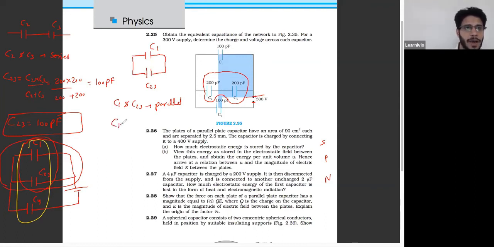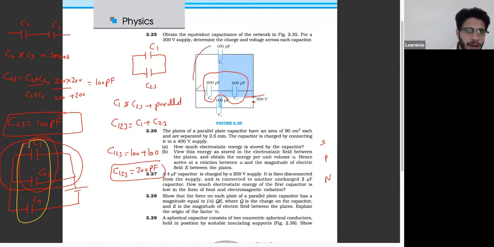So we can take their parallel combination and name this C123. That's C1 plus C23. So your C123 is C1, which is 100, plus C23, which is 100. C123 is 200 picofarad. This is C123.